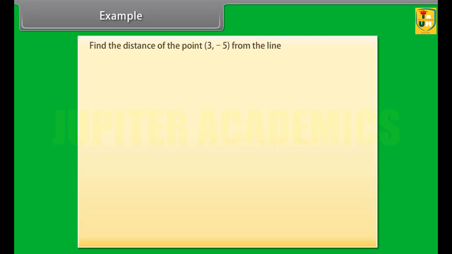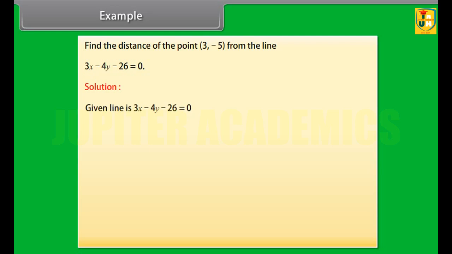Example. Find the distance of the point 3, minus 5 from the line 3x minus 4y minus 26 is equal to 0. Solution. Given line is 3x minus 4y minus 26 is equal to 0. Mark it 1.